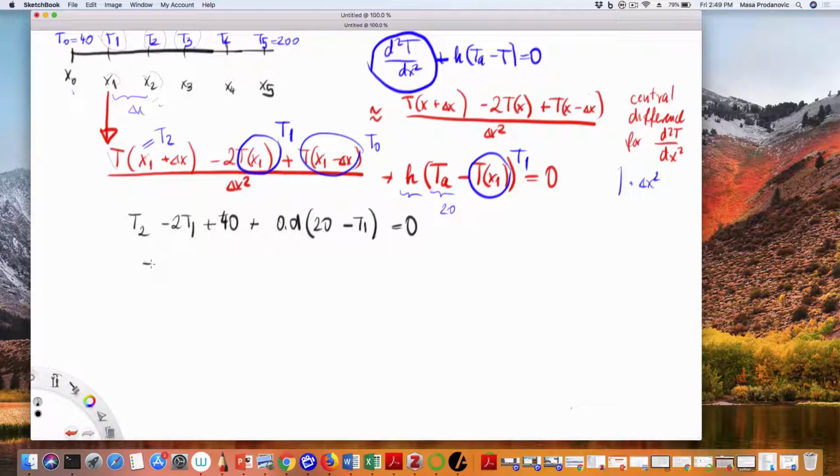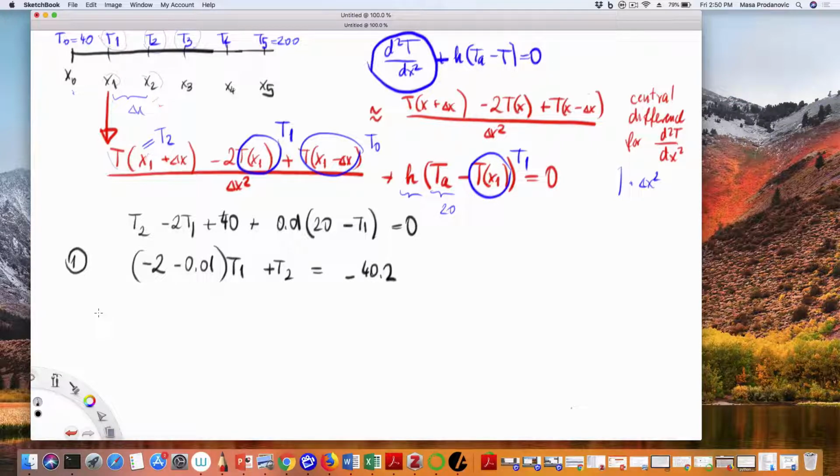So I have minus 2 minus 0.01 T1 plus T2 is equal to, on the other side, 20 times this minus 40. So that's my first equation. Then we're going to just get the second, third, and fourth, and we're going to solve the system.